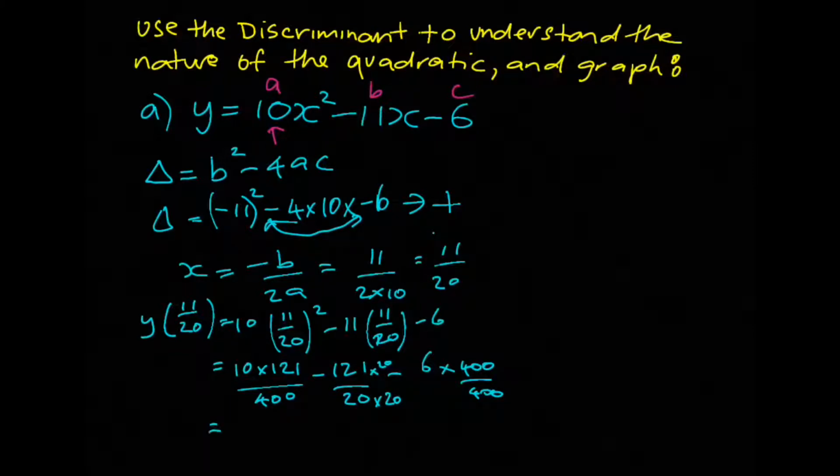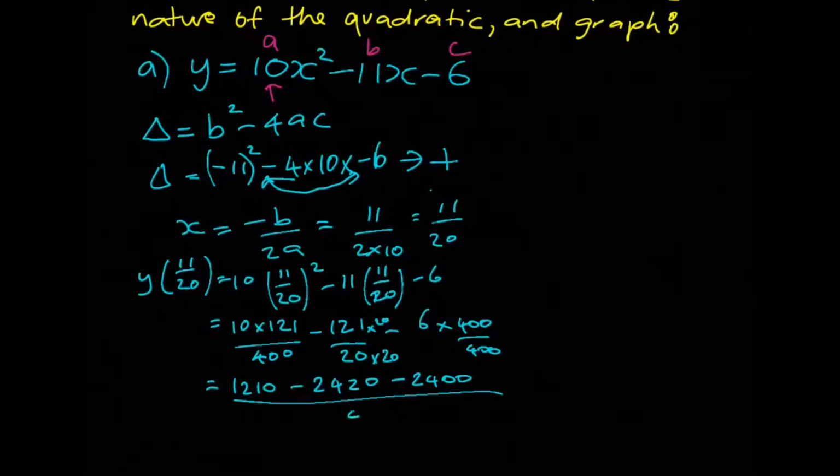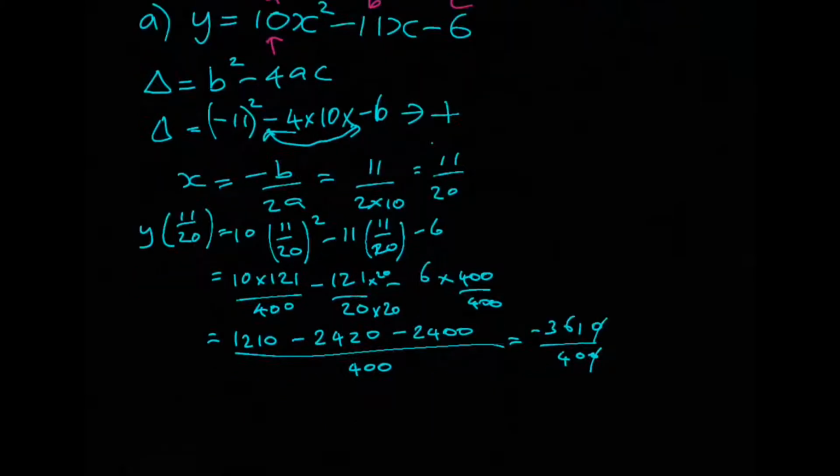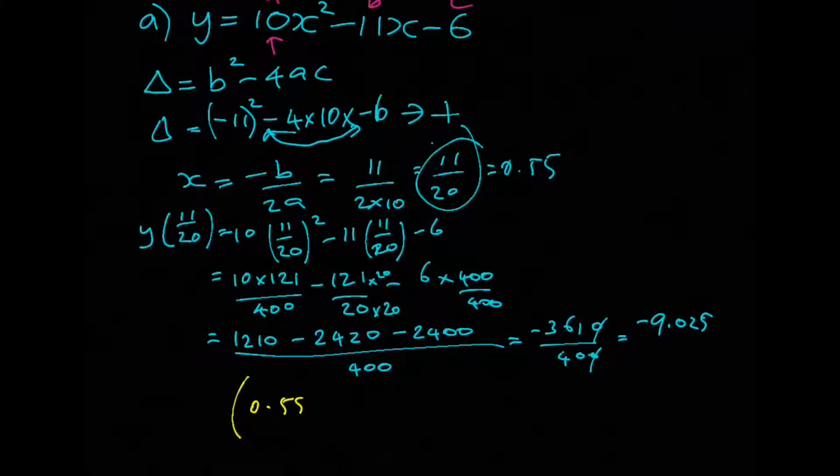And that equals 1210 minus 2420 minus 2400 on 400 equal negative 3610 on 400. That equals negative 9.025, and the x value in decimal form is 0.55. So the turning point is 0.55, negative 9.025.